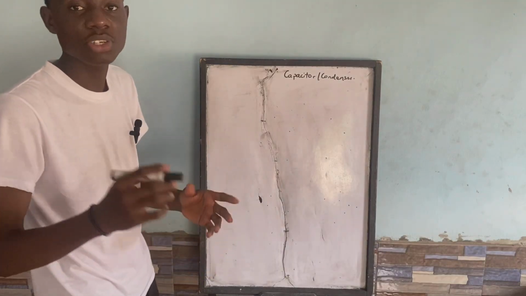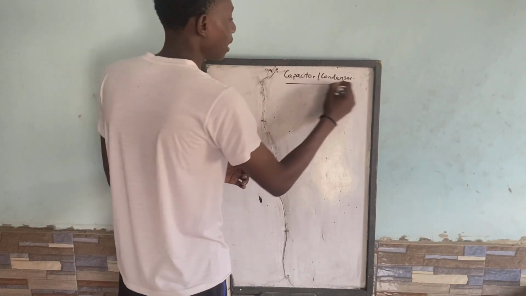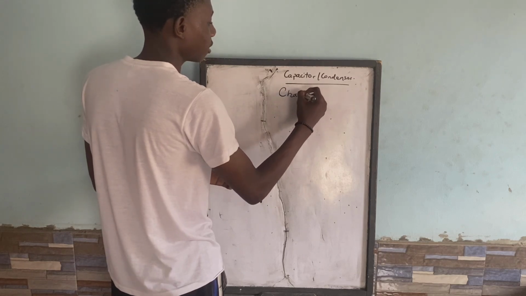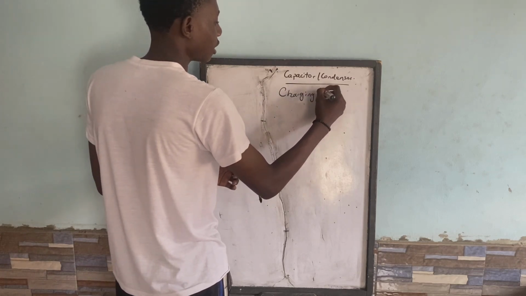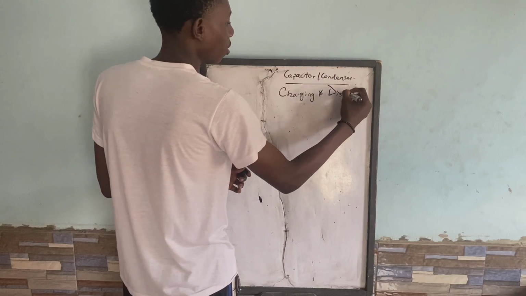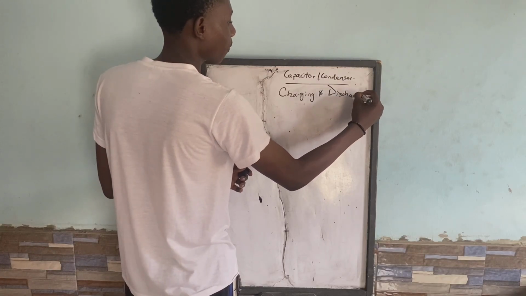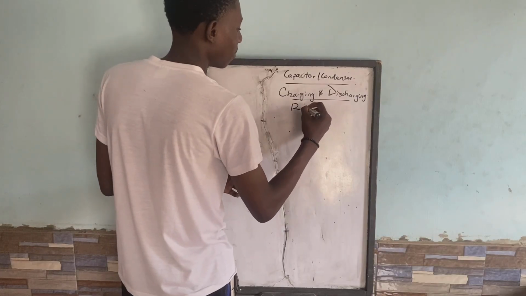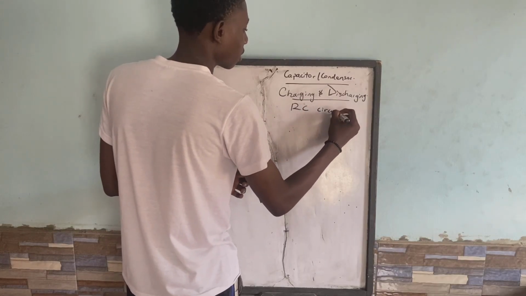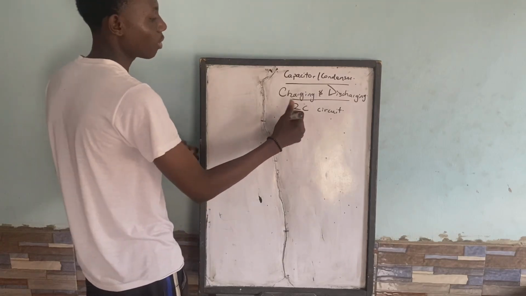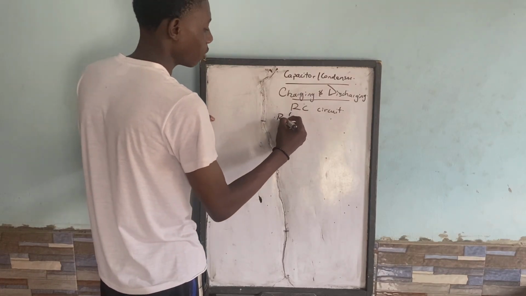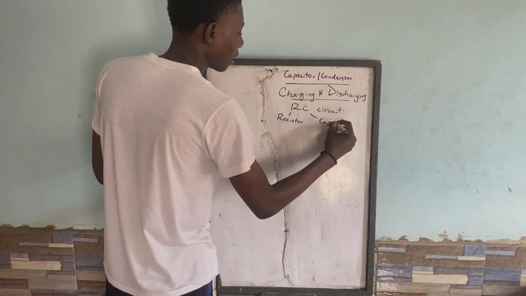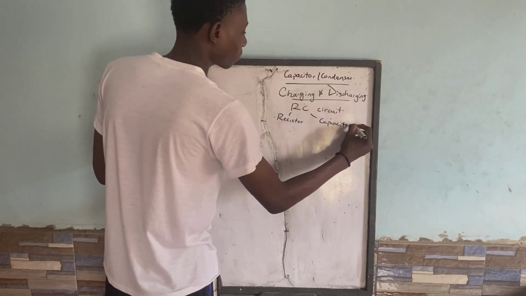We'll be dealing with the charging and discharging of our capacitors when it is in an RC circuit. The R refers to our resistor and C is our capacitor.